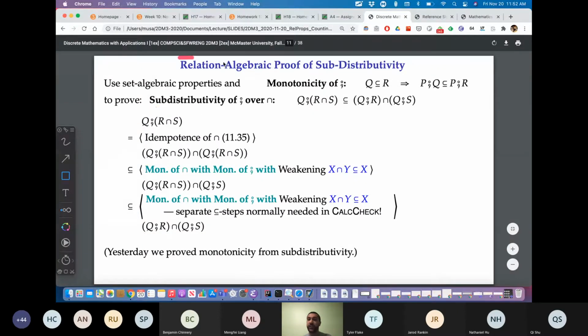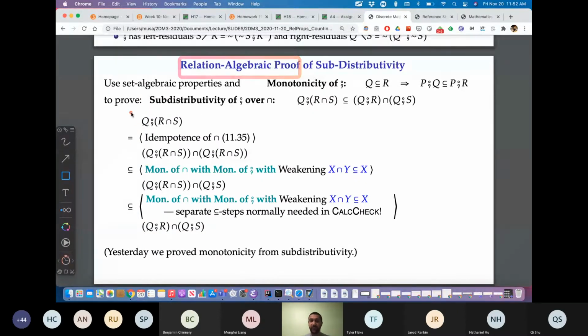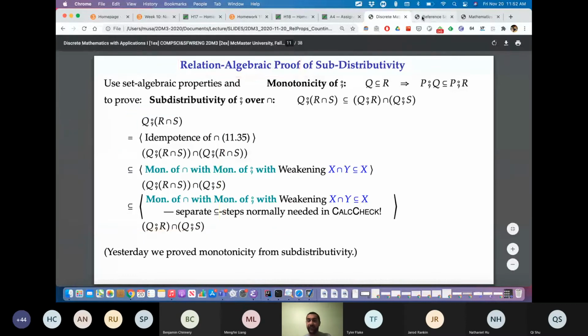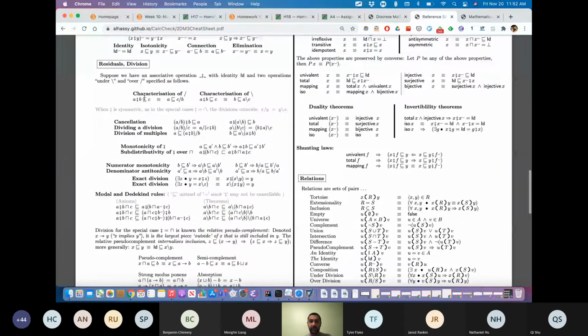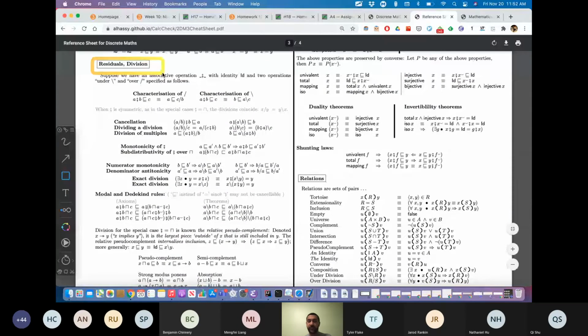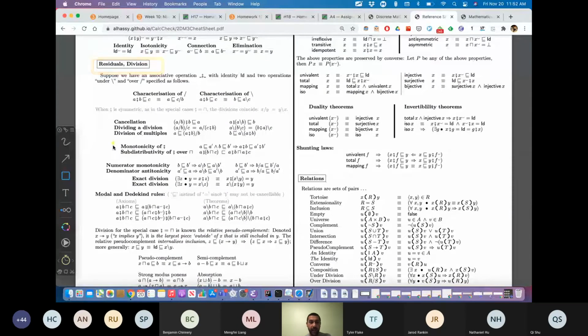The neat thing about these relation algebraic proofs, they're so small and cute, is that we've given you the general setting under this. I've just called it residuals and division. But here's the theorem: subdistributivity over meet, and the proof for this one is the exact same proof that we saw right here.